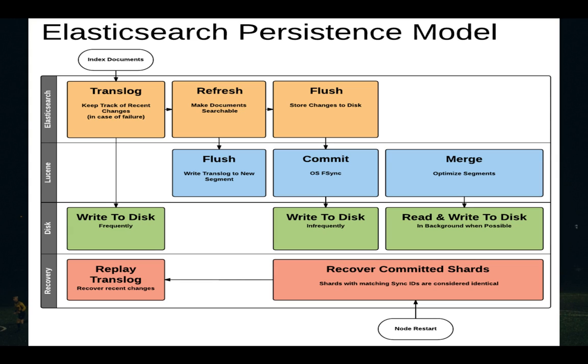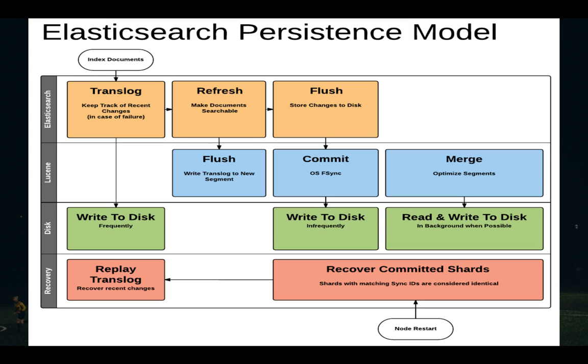On Elasticsearch level, when we insert a document, a translog is created to keep track of recent changes in case of failure. We have a refresh that makes documents searchable, and a flush operation that stores changes to disk.